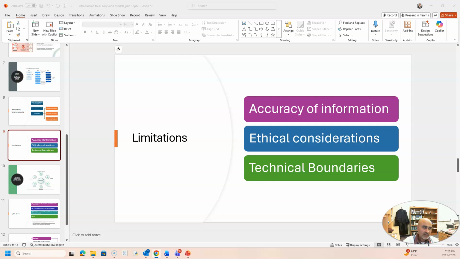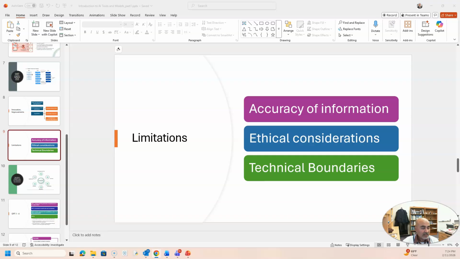When we talk about the technical boundaries, remember, ChatGPT's capabilities are also bounded by technical limitations, such as its dependency on the quality and scope of its training data. It cannot experience or understand the world as human beings do, and this is one of the most limiting technical boundaries between AI and humans.